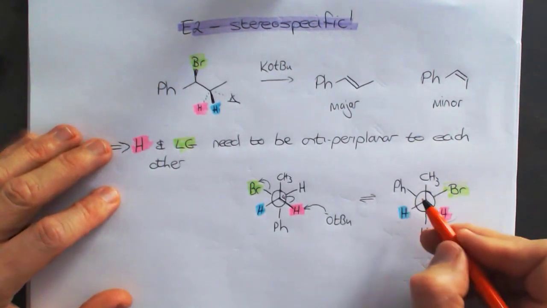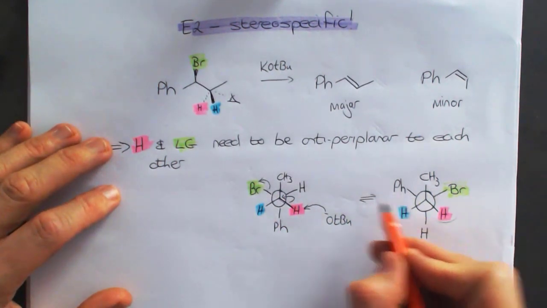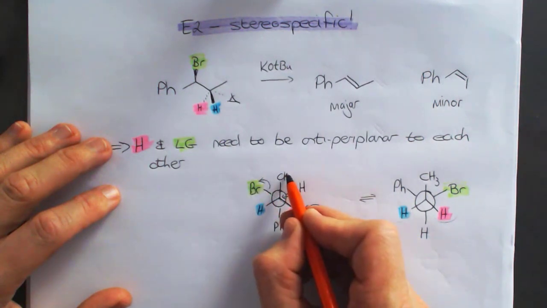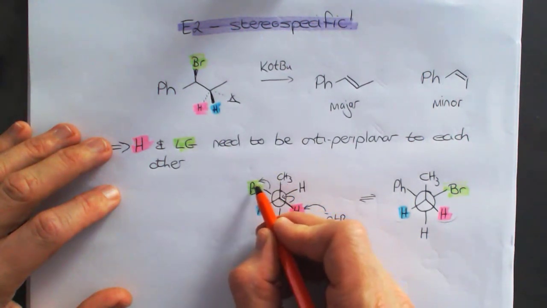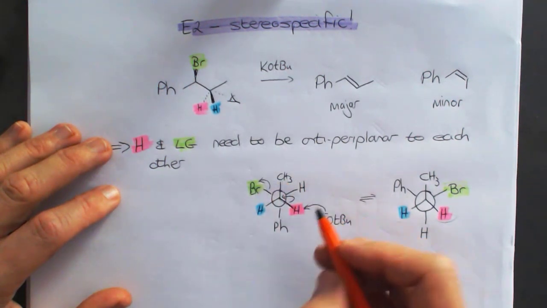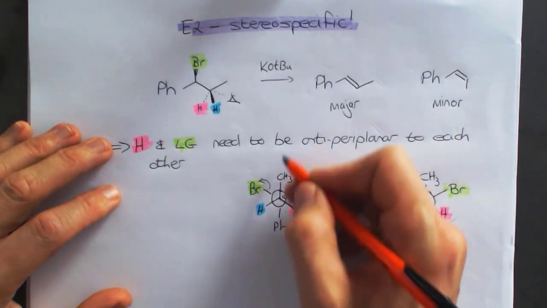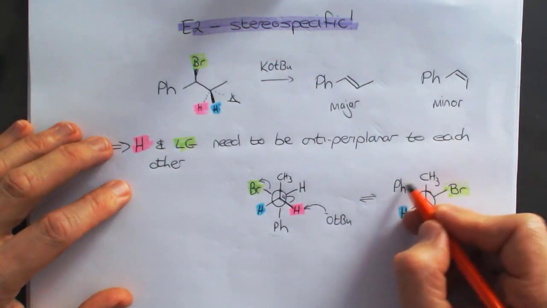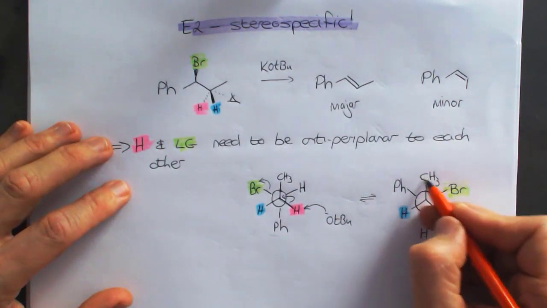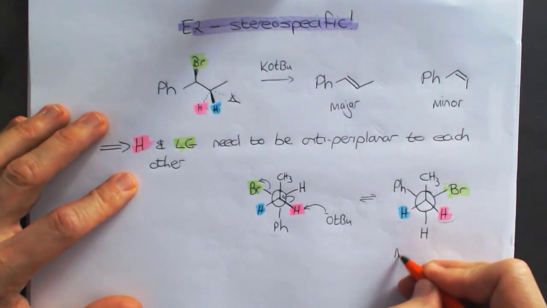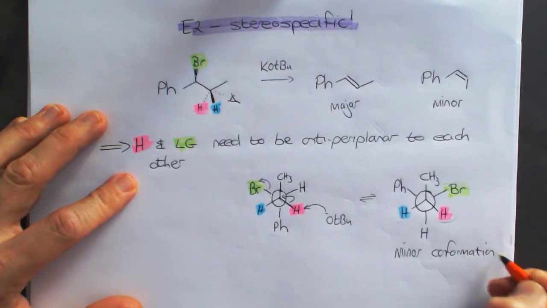However, I hope you appreciate that between these two things over here, we've got a bromine and a CH3, which are kind of clashing into each other, but a CH3 is pretty small. And over here, the phenyl and the CH3 are far away from each other. Over here, we've got the phenyl and the CH3 clashing into each other, and the CH3 and the bromine clashing into each other. So this is a minor conformation.